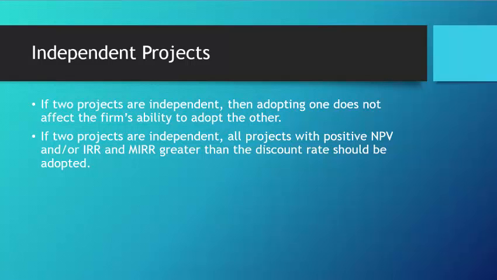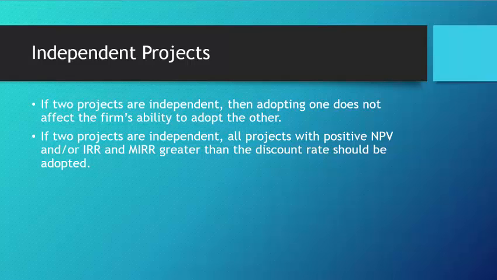If two projects are independent, all projects with positive net present values and or IRRs and MIRRs greater than the discount rate should be adopted. And any of those criteria will give me the exact same answer. In other words, I will get a positive NPV and an IRR and MIRR that are greater than the discount rates.